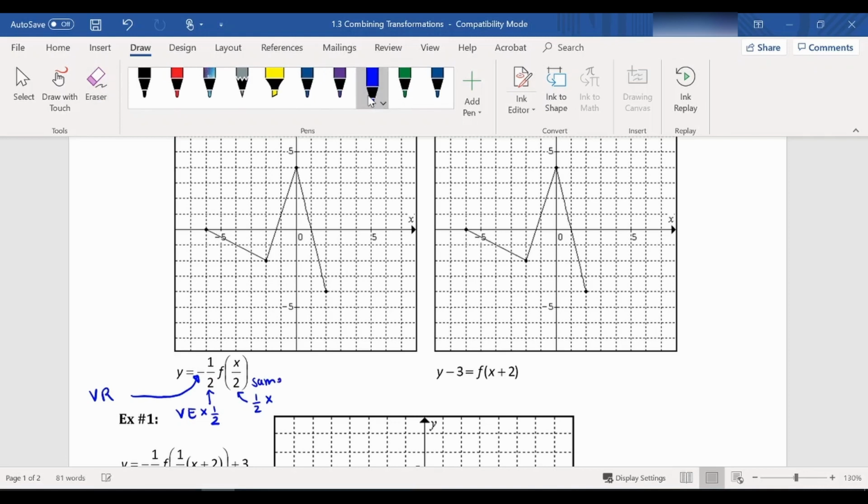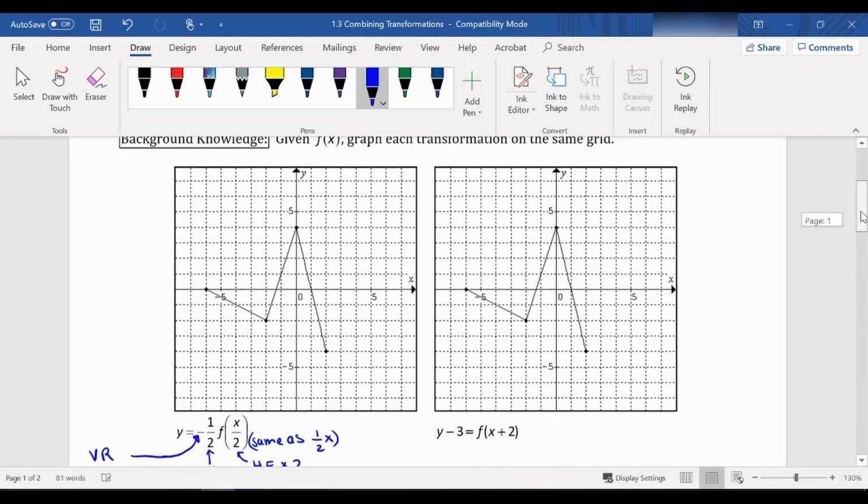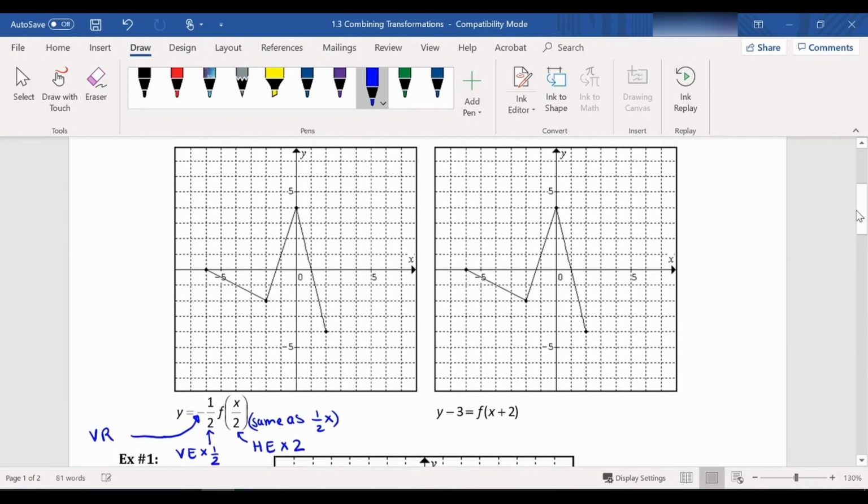X over 2 is the same as saying 1/2 x, which would be a horizontal expansion by 2. So we need to perform all of these operations. So all of our y values are going to get multiplied by 1/2 and reflected. All of our x values are going to get multiplied by 2.